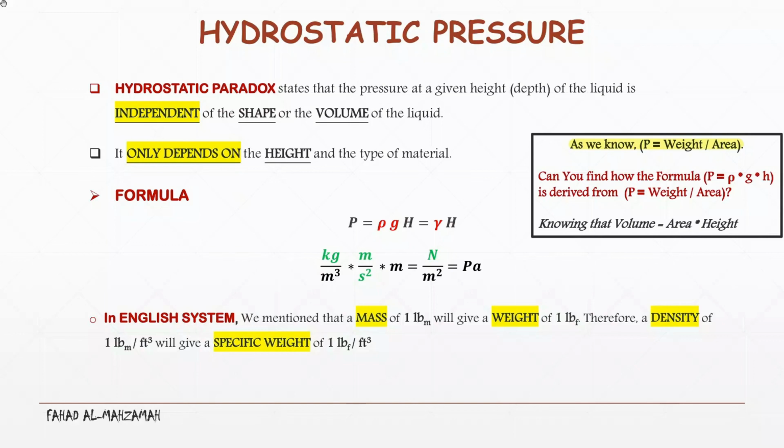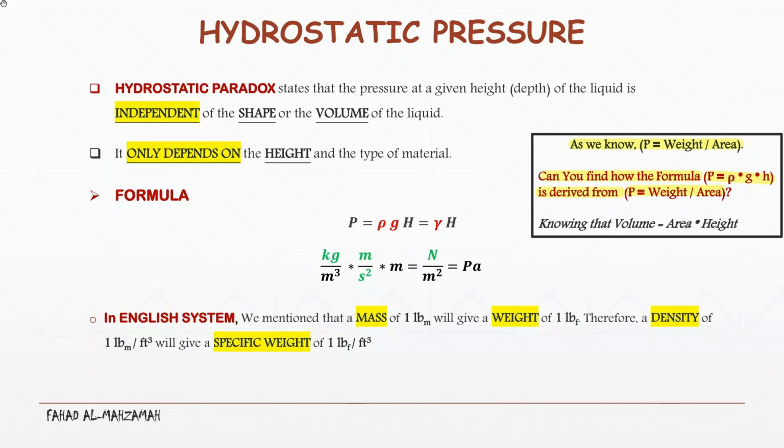And I ask you, can you find how the formula P is equal to rho g h, which is the special formula for the hydrostatic pressure and the pressure of liquids, is derived from the main formula?